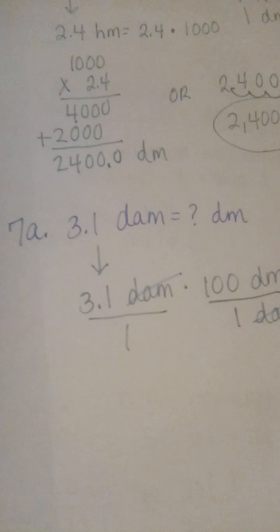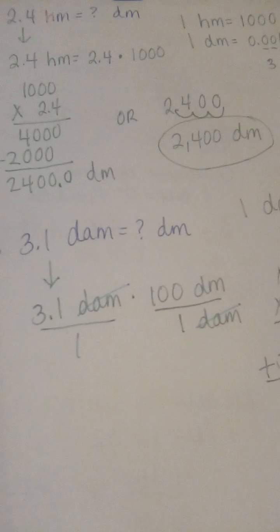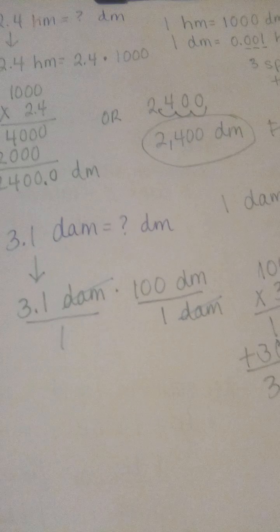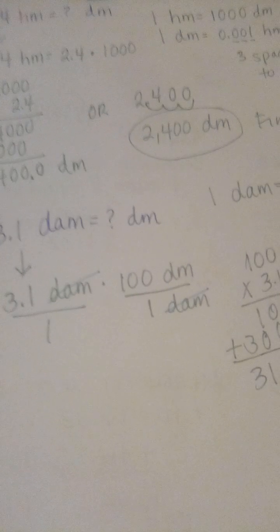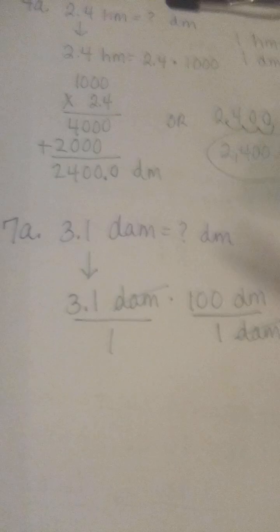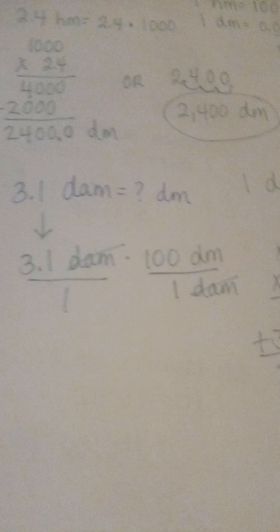Okay. So when you do conversions, we have 3.1 decameters over 1 times either 1 decameter over 100 decimeters or 100 decimeters over 1 decameter. In this case, we're multiplying, so we got 100 decimeters over 1.